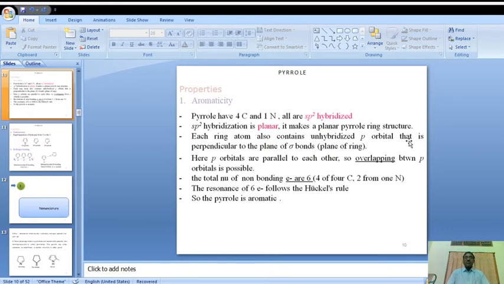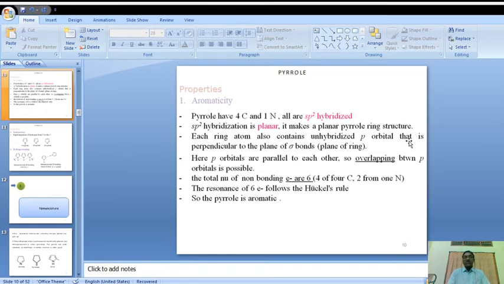Those p orbitals are perpendicular to the plane of sigma bonds. The C-C and C-N sigma bonds are perpendicular to those unhybridized p orbitals of carbons. Is it clear, all of you?